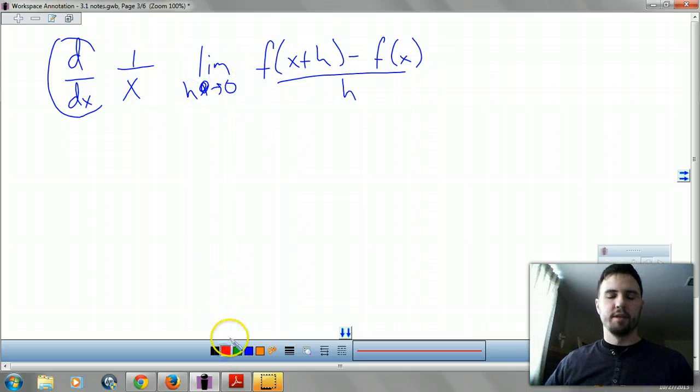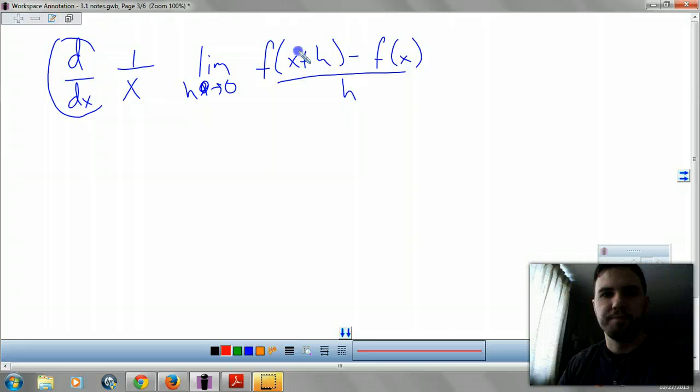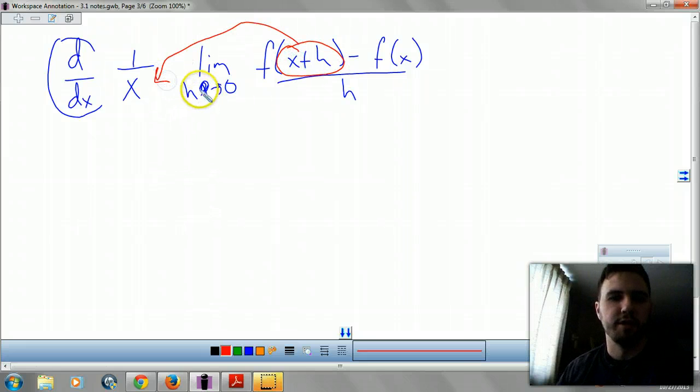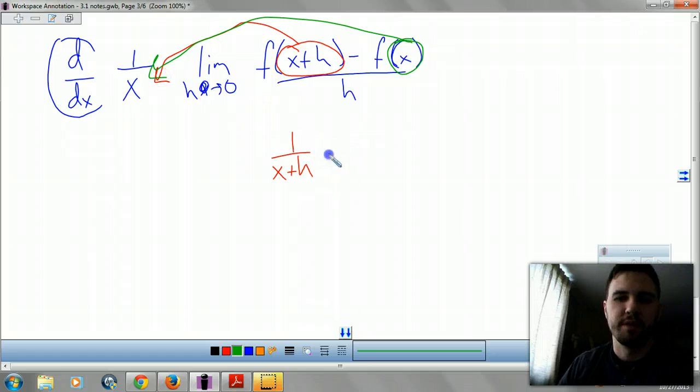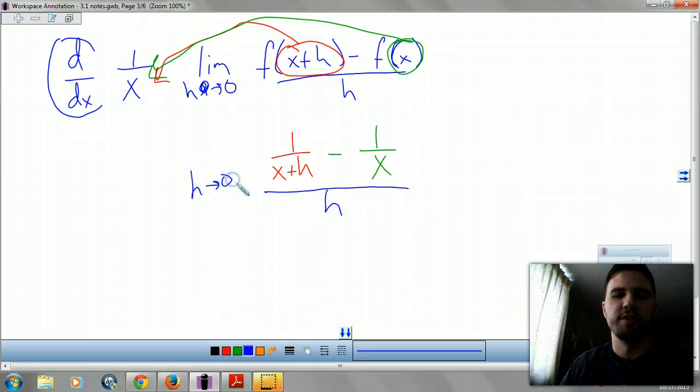First things first, I'm going to plug x plus h into my original function. So I get 1 over x plus h. Next, I'm going to plug in my x to my original function and subtract it, which is just 1 over x. And now this whole thing is still over h, and h is still going to 0.